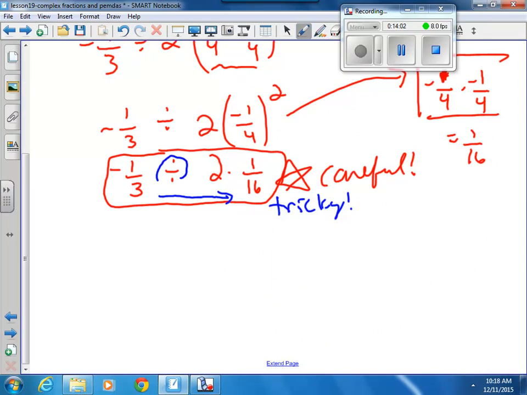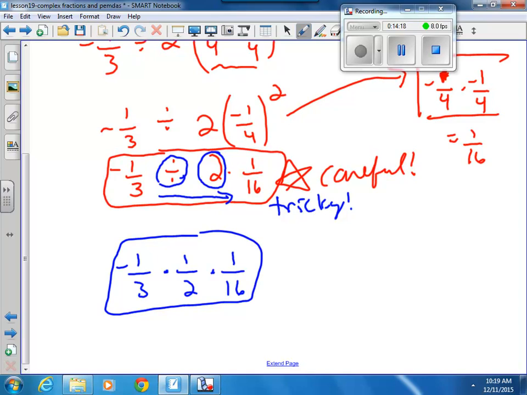Another way of saying that is, change your division symbol into multiply by the reciprocal. So negative 1/3 multiplied by the reciprocal of 2, which is a half, and then times 1/16. Once you arrive here, just move left to right. Obviously the answer is going to come out negative.